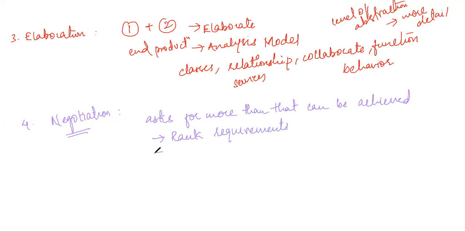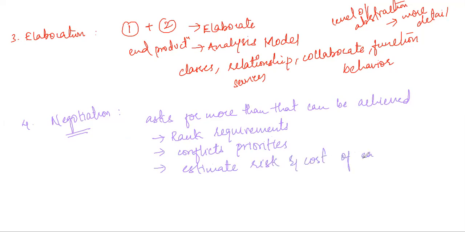Now as different people are ranking, you're going to identify the conflicts in their priorities. Then you're going to estimate the risk and cost of each requirement. When you've got a priority order and you've sorted those priorities, you're going to estimate the risk associated with each requirement and the cost associated.